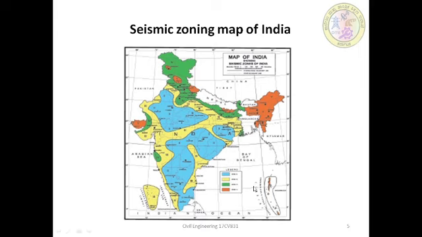Red is zone 5. Here zone 2 is seismically least active, whereas zone 5 is seismically most active. In seismically very active zones, the frequency of big earthquakes and the possibility of strong shaking are greater over the years.